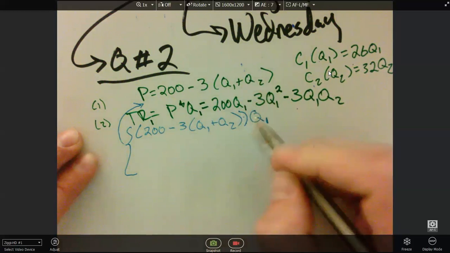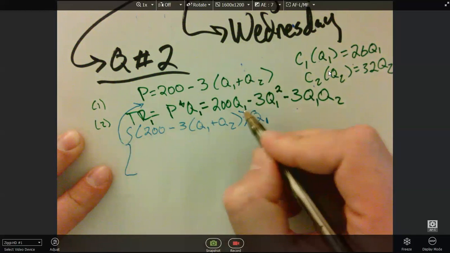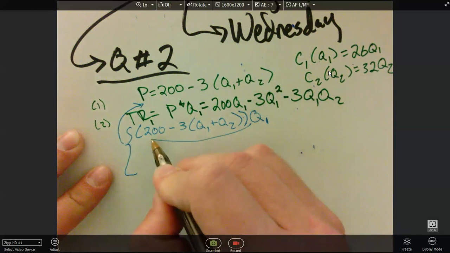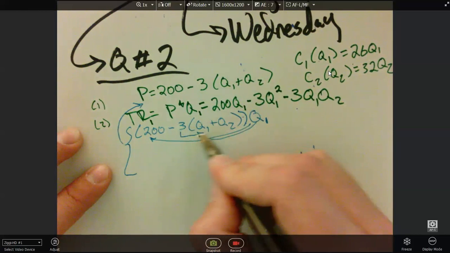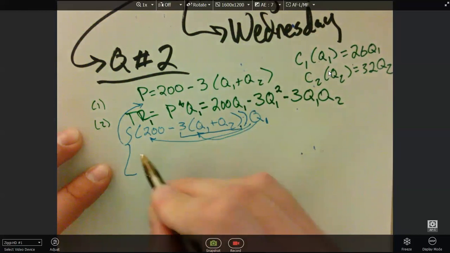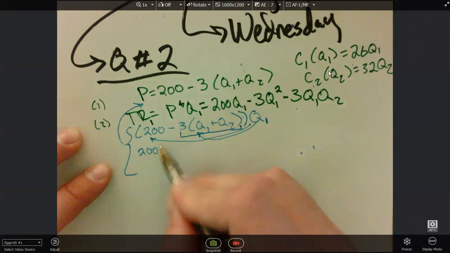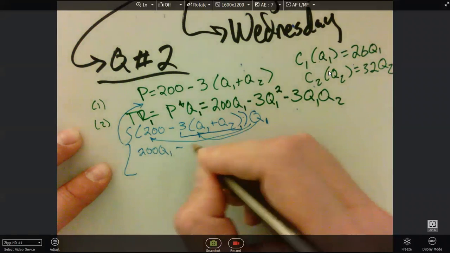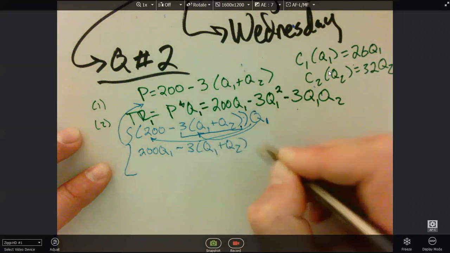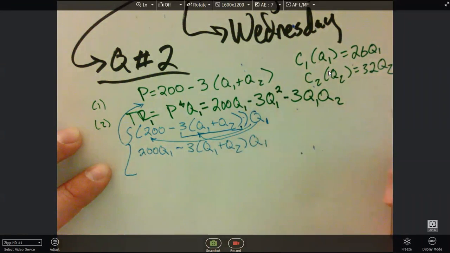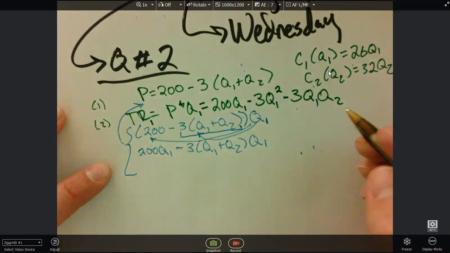So the Q1 is going to go initially to 2 places. It's going to go to the 200, and then to this ugly term. So we get 200 Q1 minus 3 Q1 plus Q2 times Q1. Everybody with me there? Yep, awesome.